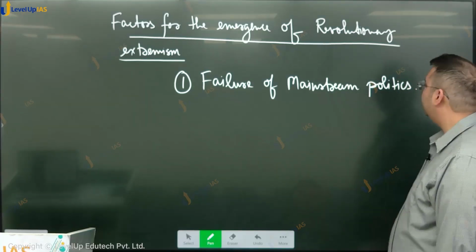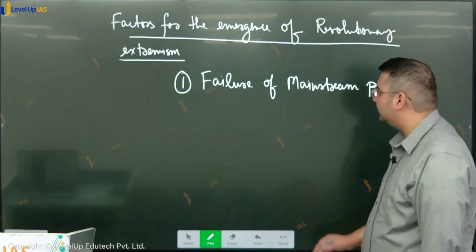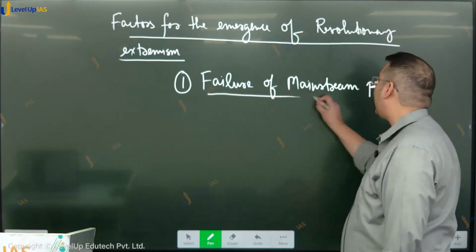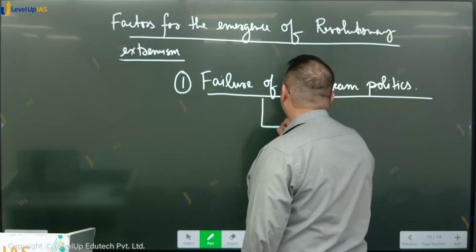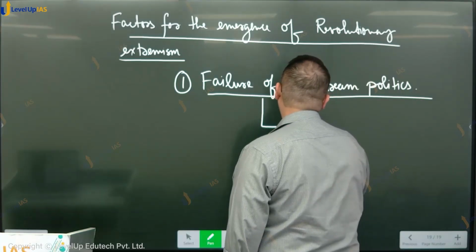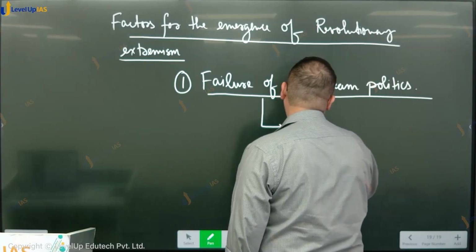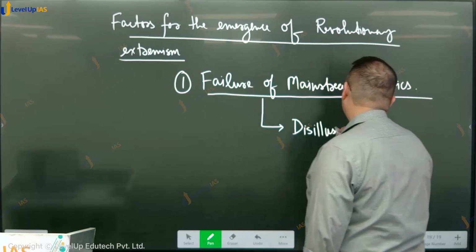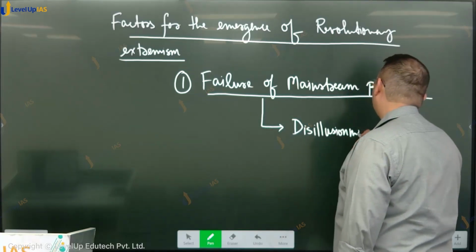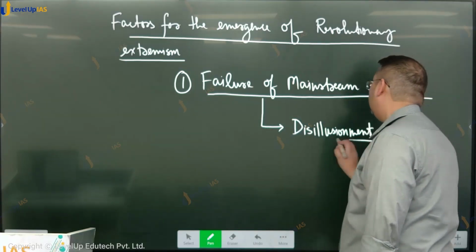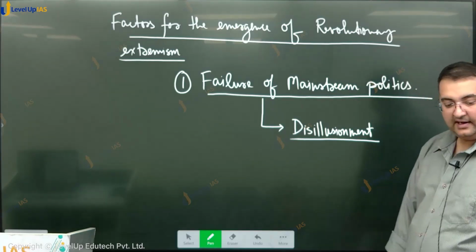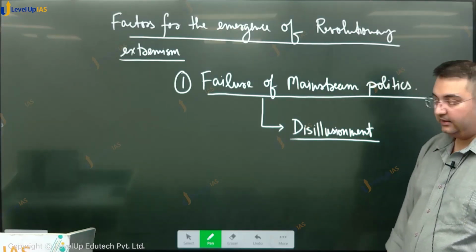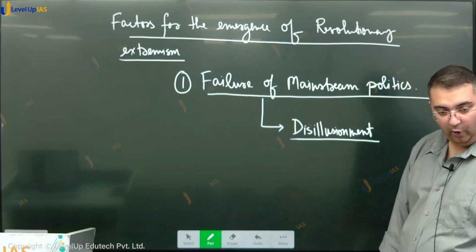And this failure of the mainstream politics drove the younger nationalists away from them. It created a sense of disillusionment among the younger nationalists. They had joined the Swadeshi movement with great enthusiasm and hope.